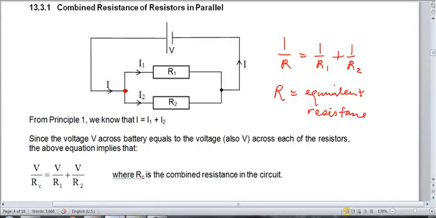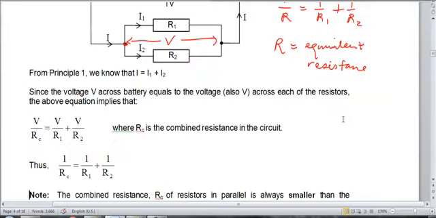Since the voltage is the same for both, we can express the current as a ratio of voltage to resistance. So I equals I1 plus I2, and I is simply V over R, and I1 is simply V over R1, and I2 is V over R2.